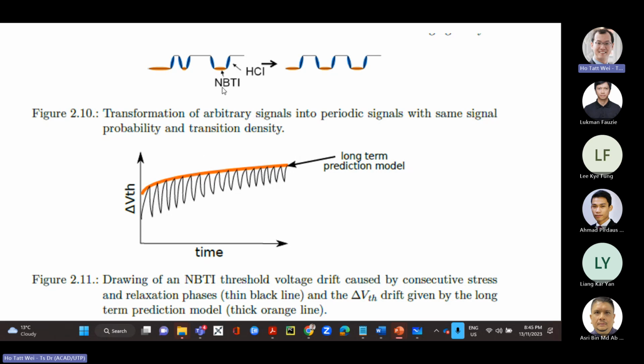If you hold it at logic 0, maybe it's quite bad. Then you switch it to logic 1, and it reverses some of the charge escape. Then you hold it at logic 0, it goes up and down, up and down. But over time, there's a slow, longer-term drift. This is the delay due to the aging. Okay, so this is just to let you understand this.